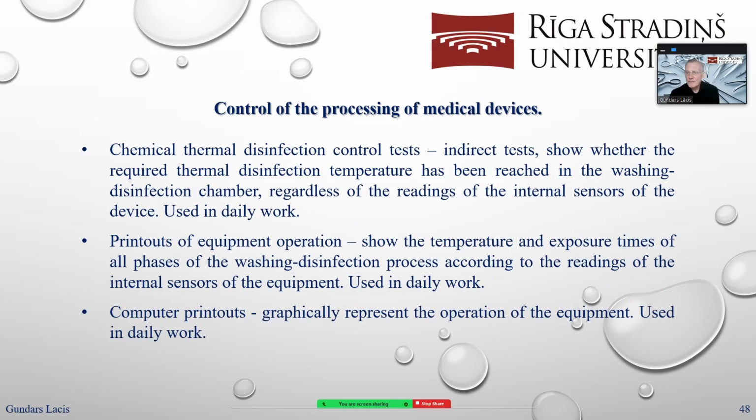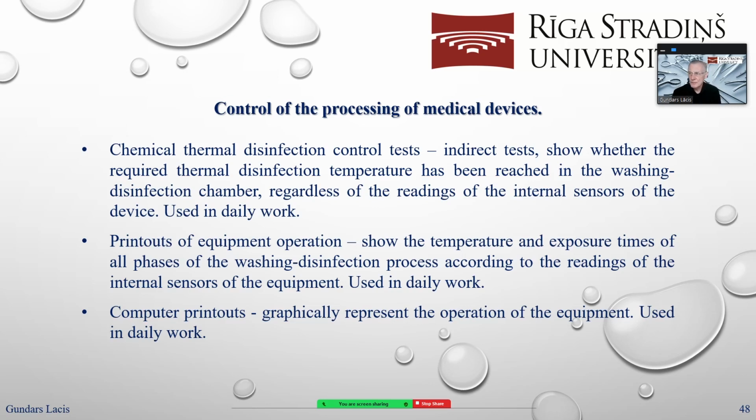Chemical thermal disinfection control tests are also indirect tests, showing whether the required temperature was reached and whether this temperature was held for the required time, but it's indirect. They show what was happening in a machine. Those indications are not showing what happened with the surface of instruments, what happened with the microorganisms on those surfaces.